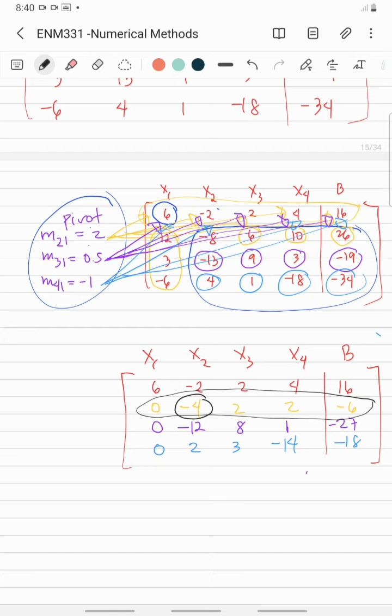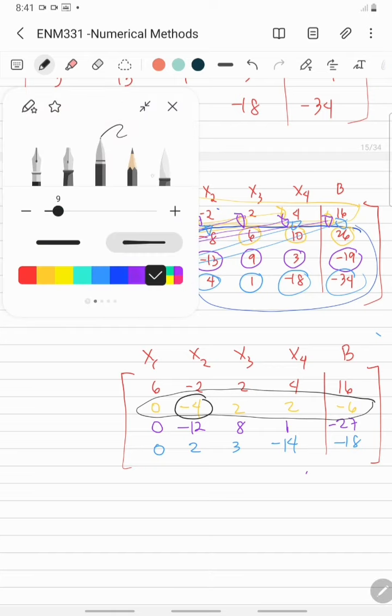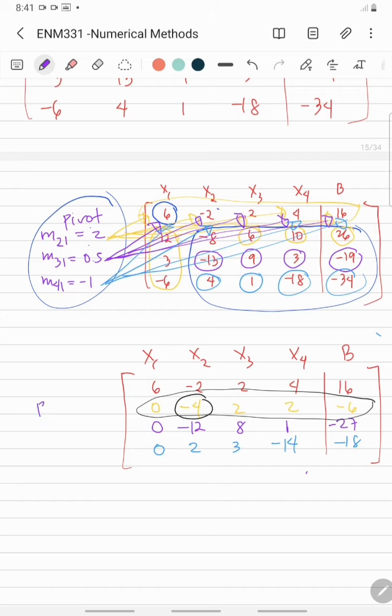Okay, so I have to write it here. Then we have to find or to compute the multiplier for our pivot elements. So we have here now m, that is row 3, column 2.